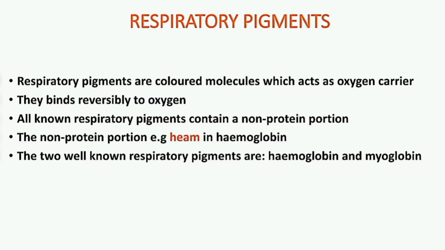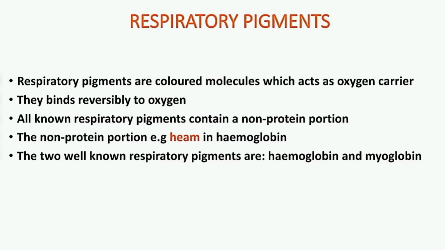All the known respiratory pigments contain a non-protein portion, meaning that respiratory pigments are usually protein molecules but also contain a non-protein part, and that non-protein part is an iron group. For example, in hemoglobin the non-protein portion is heme.